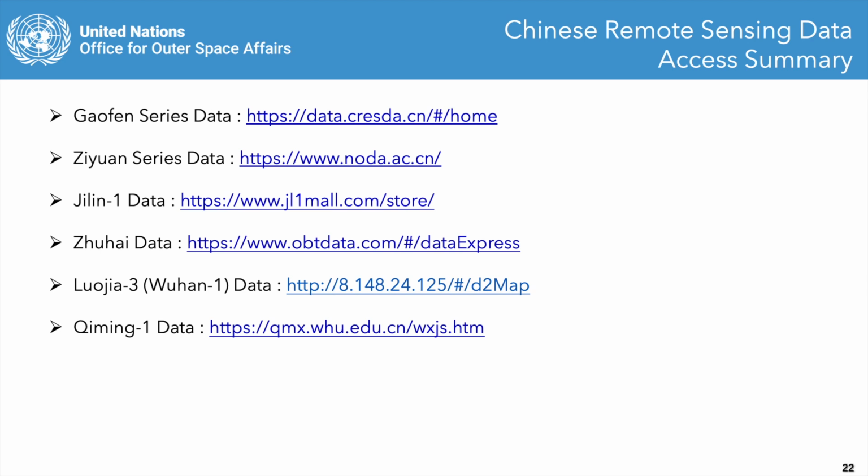It can also support more comprehensive multi-source data integration in project proposals, academic publications, and remote sensing analysis workflows. I hope today's session helps you navigate these Chinese satellite data platforms more smoothly and improves your efficiency in remote sensing research.